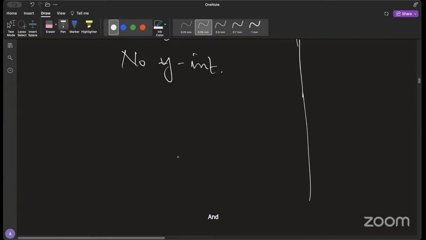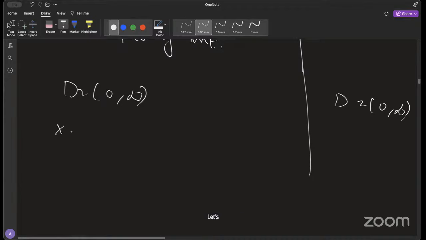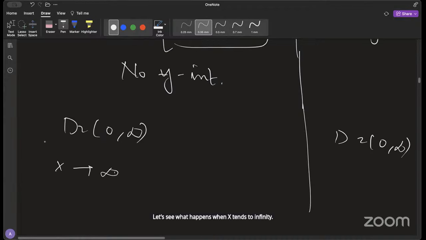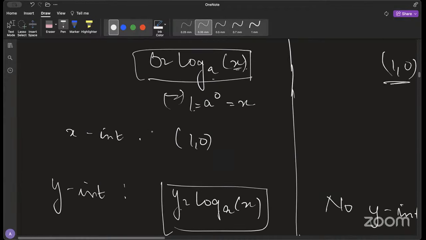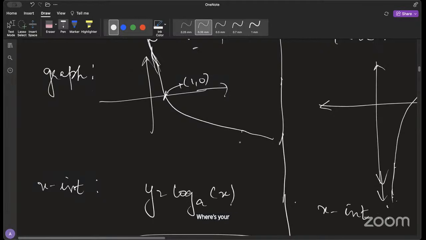And then let's see, I know my domain is 0 to infinity in both cases. Let's see what happens when x tends to infinity. Where's your y going when your x is going to infinity? When x increases on this side, where's y going? Going to minus infinity.